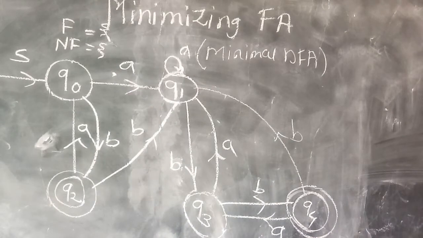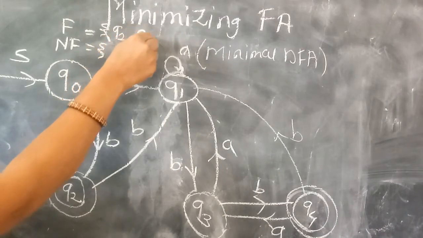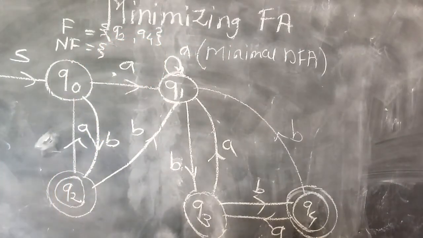Try to separate the states having a single circle into a non-final set, and the states having a double circle into a final set. In this example, you can see that the states Q2 and Q4 are in a double circle, so they come into the final states: Q2, Q4.